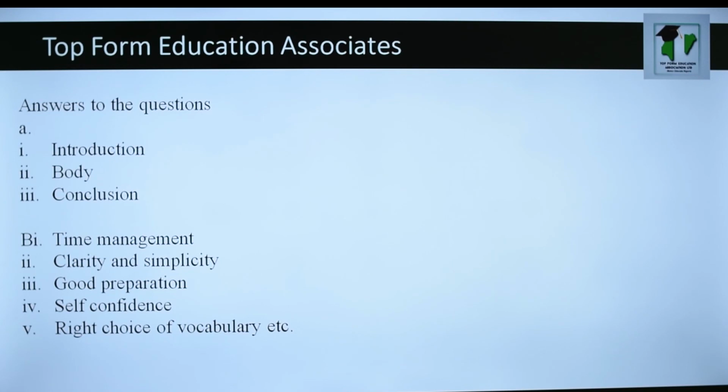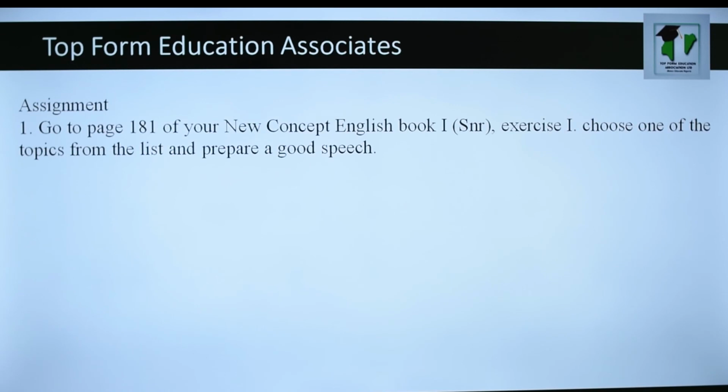Is that taken? Okay. So having said that, we'll move to the last segment of our lesson, which is the assignment, which is very important too. Go to page 181 of your New Concept English Book 1 Senior Secondary. Exercise 1.